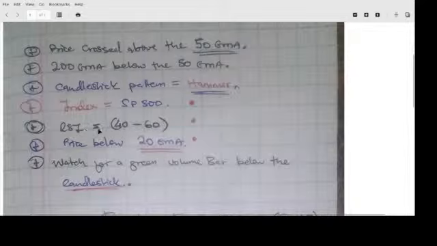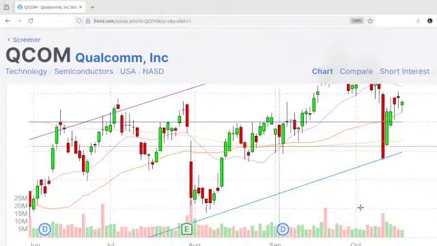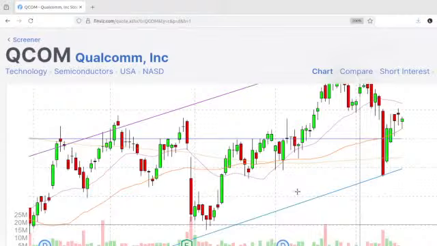Make sure the RSI is between 40 and 60, and the price should be below the 20-day moving average. Watch for a green volume bar below the candlestick pattern, so that confirms the high volume. You can see here we're using the long lower shadow candlestick pattern.